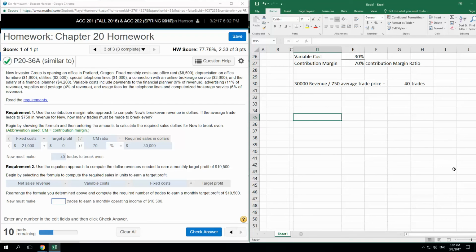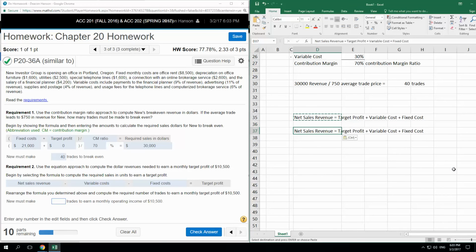If I were to rearrange that, I could say net sales revenue equals target profit plus variable costs plus fixed costs. We manipulated the formula. It's the exact opposite.